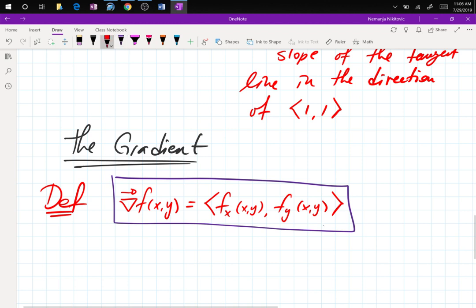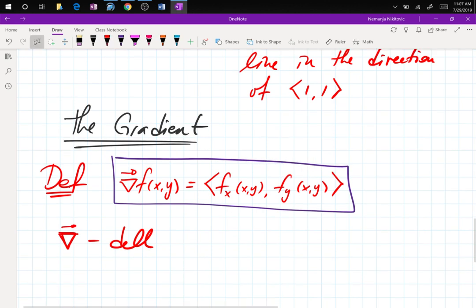This upside down triangle is called del, and clearly it's equal to a vector, right? So you will put the vector arrow on it. So del. Like computers.